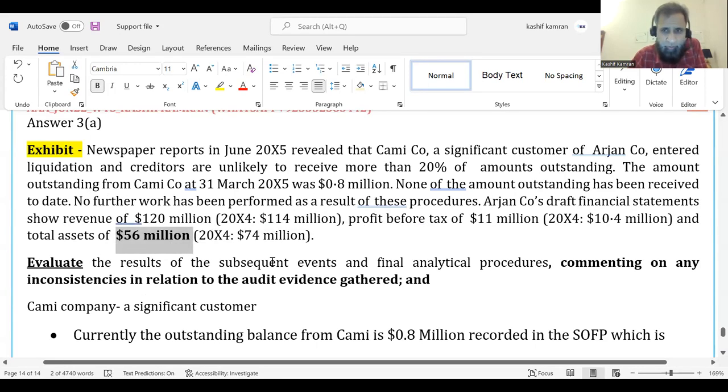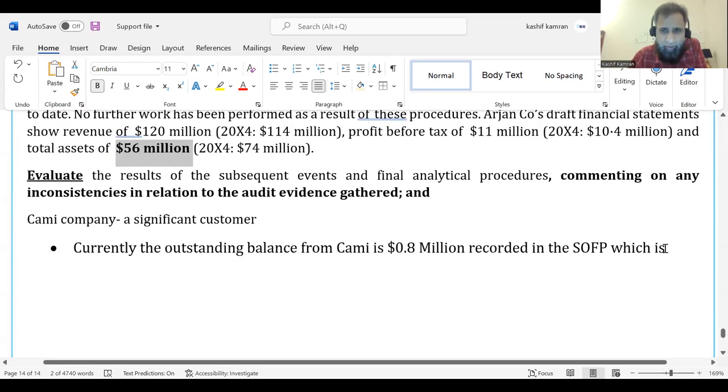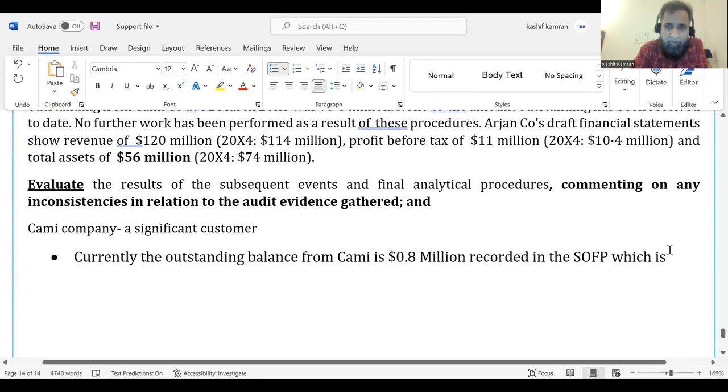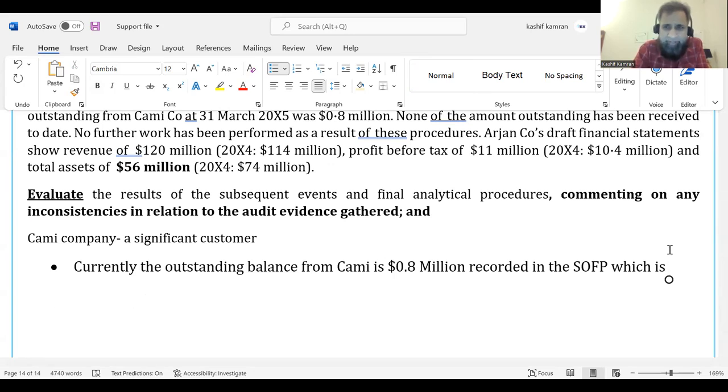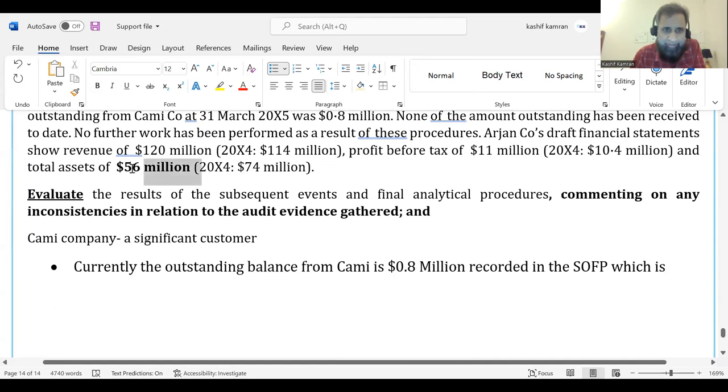So how much is of the total assets, $0.8 million? Give me the answer. Currently, the outstanding balance from Chemi, $0.8 million recorded in the SOFP, is how much? Anyone giving me the answer? $0.8 million divided by 56 million total assets.